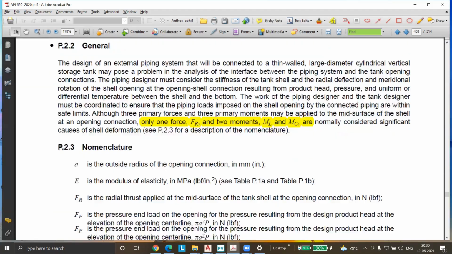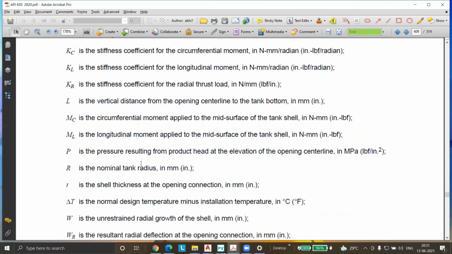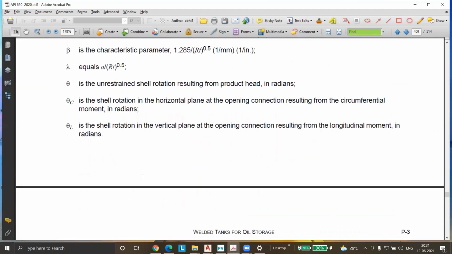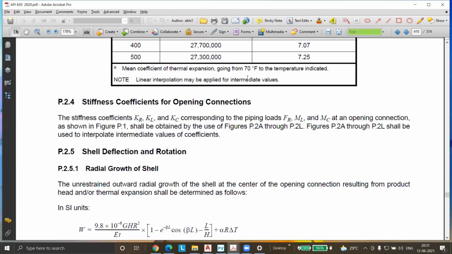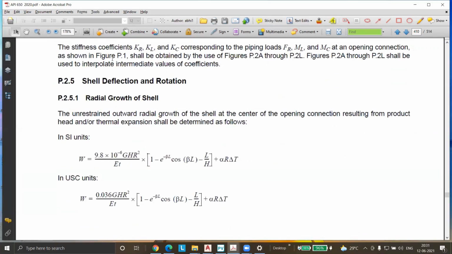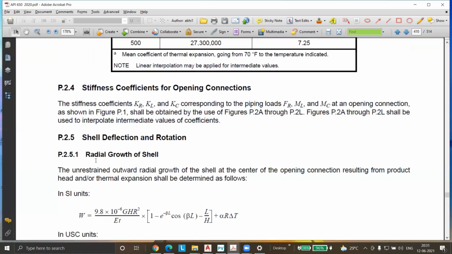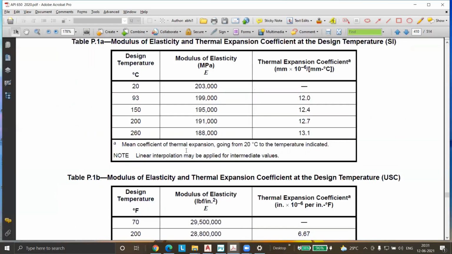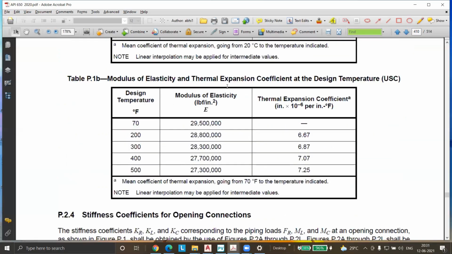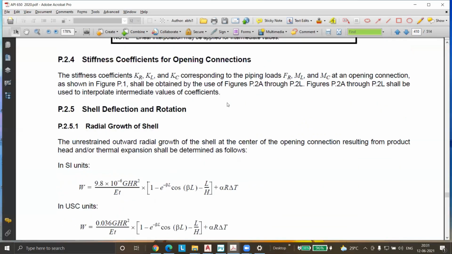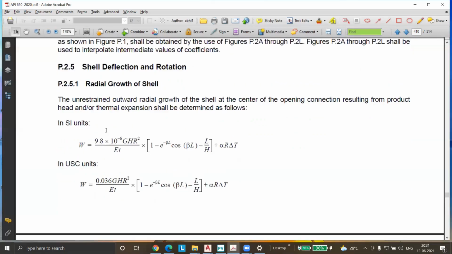So if you go about this procedure, first it has a table for modulus of elasticity and also the thermal expansion. Why is it given? Because it also gives the methodology to calculate the shell deflection and also the rotation.